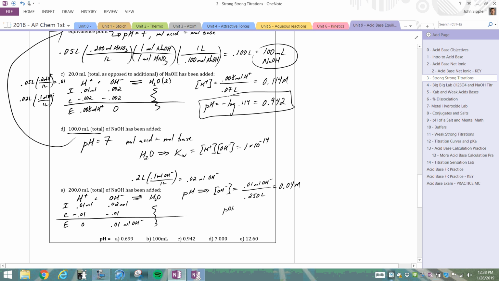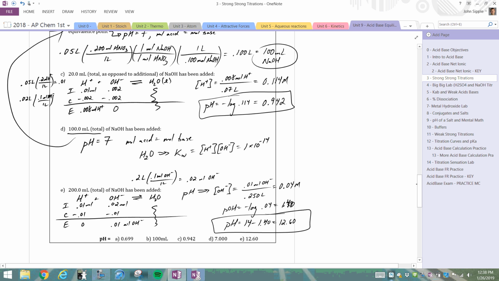So pOH is equal to minus the log of the concentration of OH minus in solution. So we have a pOH of 1.39, well, basically 1.40, because that's 1.3979. And remember, pH is equal to 14 minus the pOH, which is 1.40, so it's 12.60. There it is. Awesome.